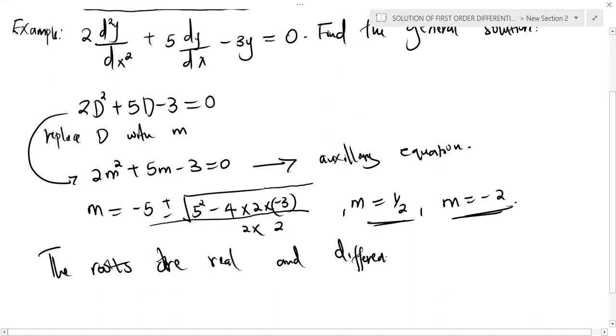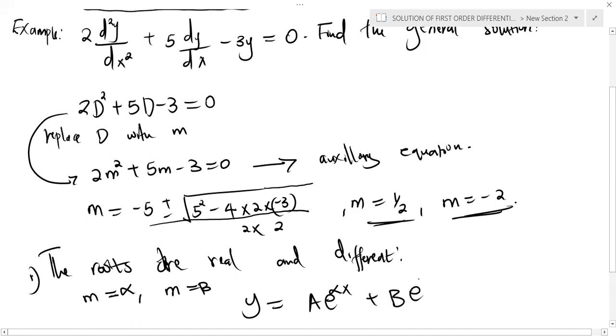For real and different roots, if m = alpha and m = beta, then your general solution, your complementary function, is given by y = A e^(alpha x) + B e^(beta x).